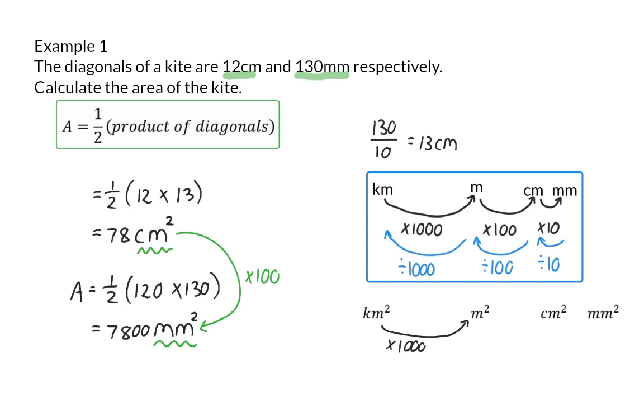So kilometers squared to meters squared, we will multiply by 6 zeros, or 1,000,000. From meters squared to centimeters squared, we're now going to multiply by 4 zeros instead of 2, and that is 10,000. And as we've just seen, from centimeters squared to millimeters squared, we multiply by 100.